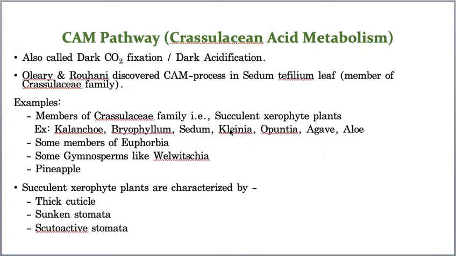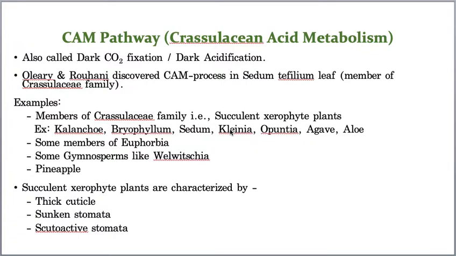Xerophytic plants are the plants which grow in areas where less water is available. Because the water availability is very less, they absorb the water and store it for future purpose. Plants that absorb water and store it for future purpose are called succulent plants.